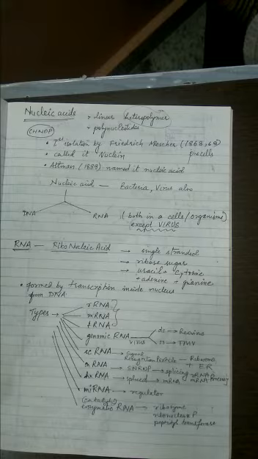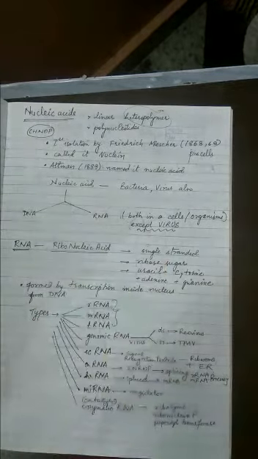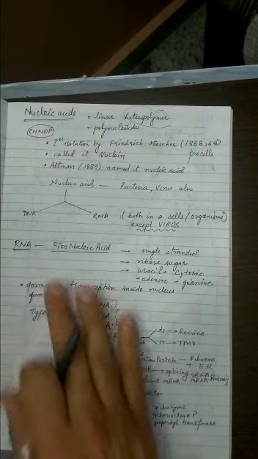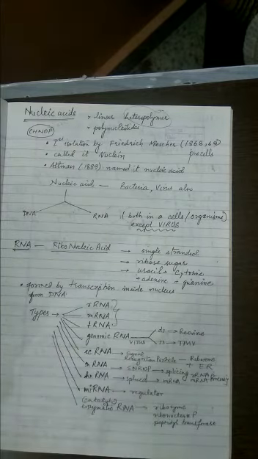Now let's start with a slight detail of what exactly RNA is. Why slight? Because details of this topic will come in the genetics unit of your 12th class syllabus. A complete chapter is there on this concept. So now what is RNA? RNA full form is ribonucleic acid. It is single stranded.